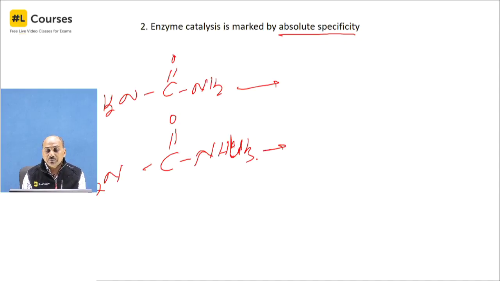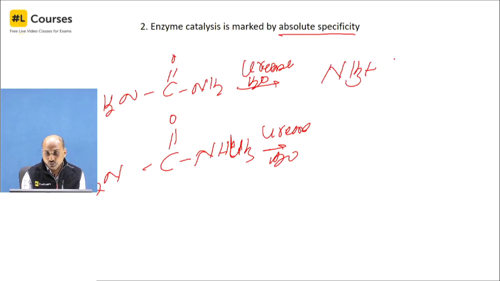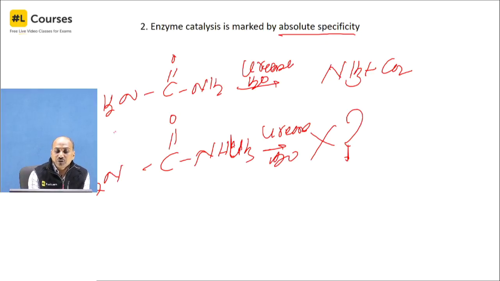Now if I want to carry out the hydrolysis process by using the enzyme called urease, it undergoes hydrolysis. Here also I am using urease in the hydrolysis process. In the first case, you can expect the products to form as ammonia and carbon dioxide, whereas in the second condition, the reaction does not occur. That is, enzymes are very specific to the substrate.